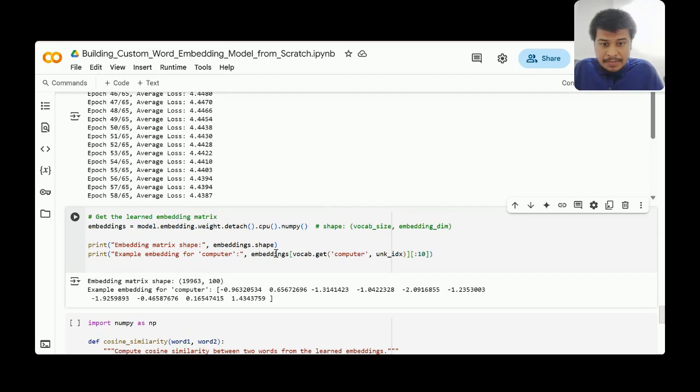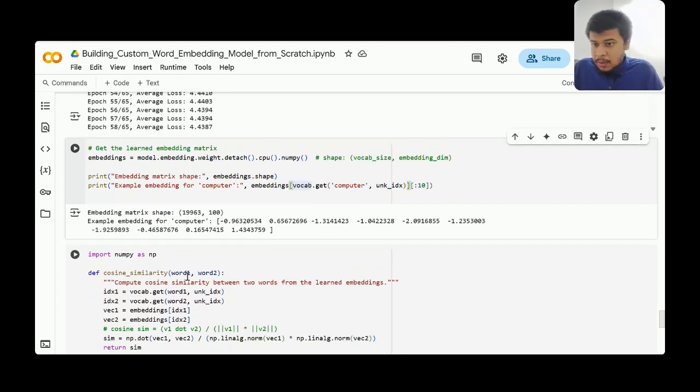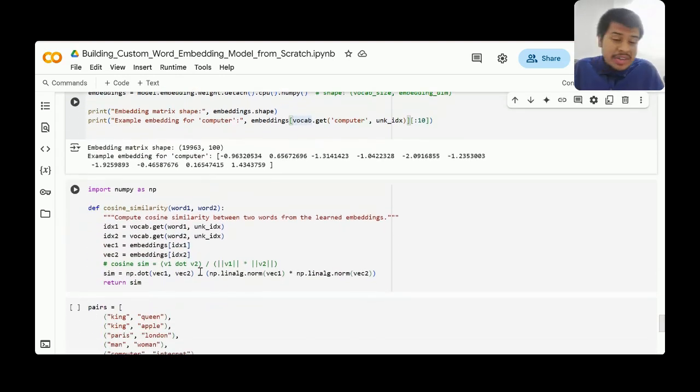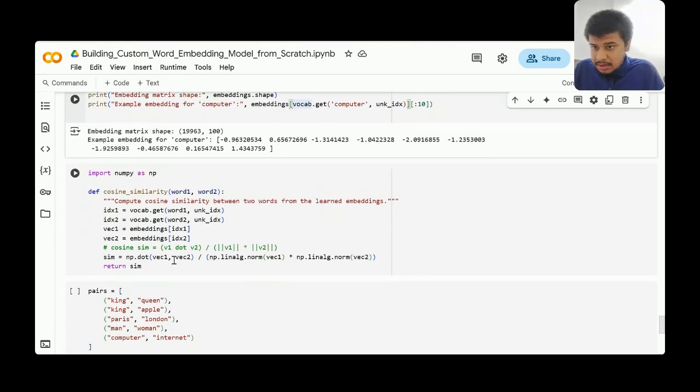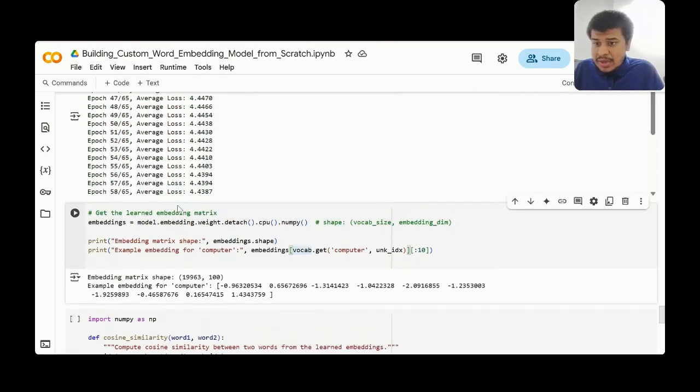And then you can see how it's giving out the vector form for the embeddings of this particular word computer, right? Yes. So we can even create our own cosine similarity function here using our own embeddings. So with these embeddings itself, we can directly get this whole thing. So what we are doing is we're detaching.